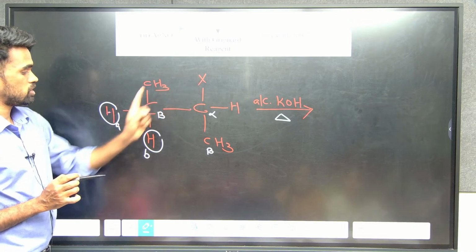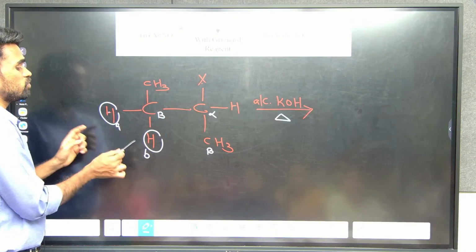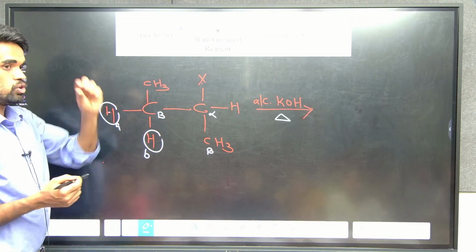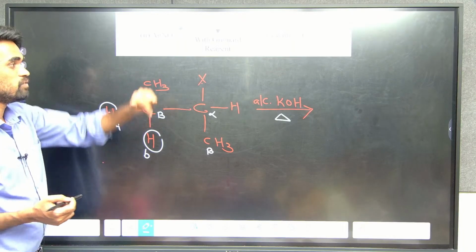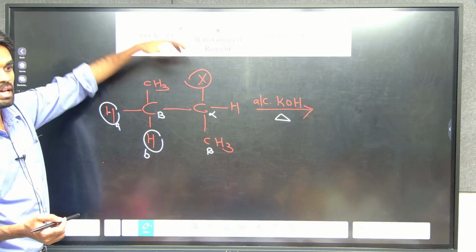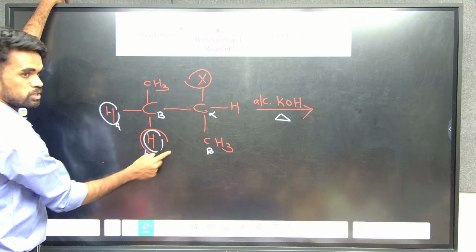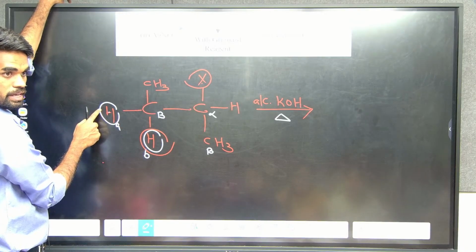They will ask which is removed. You need to remove the proton which is trans to this halogen. Trans means opposite direction. These are opposite, so you need to remove this one, not this one, in elimination.